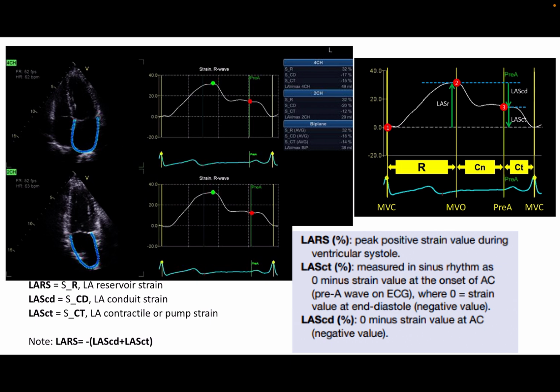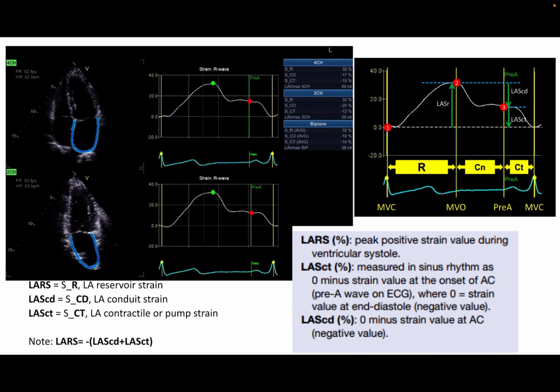Why is LARS, LA reservoir strain, superior to E to E prime for adjudication? It is less load dependent than mitral inflow parameters, and reflects chronically elevated filling pressure burden, not just the moment of measurement. It is validated against invasive hemodynamics in multiple large studies, particularly powerful in indeterminate cases where E to E prime is in the gray zone, 8 to 14.